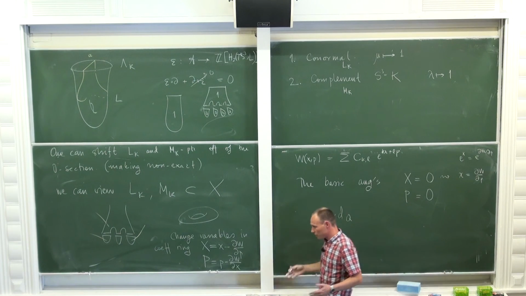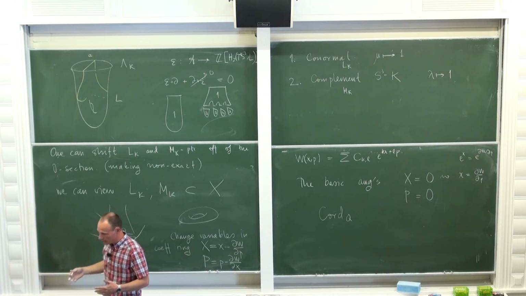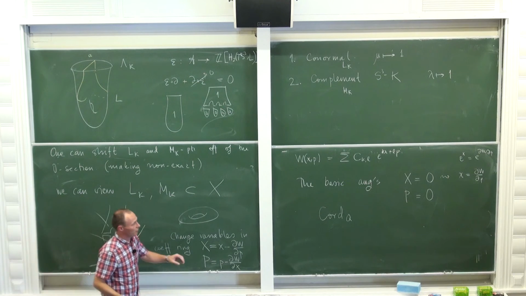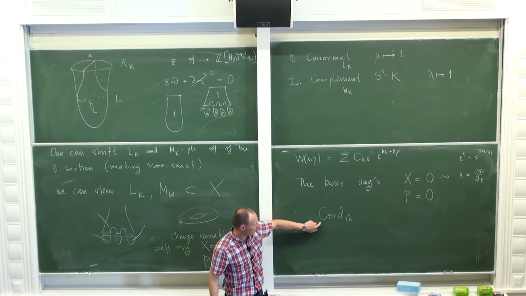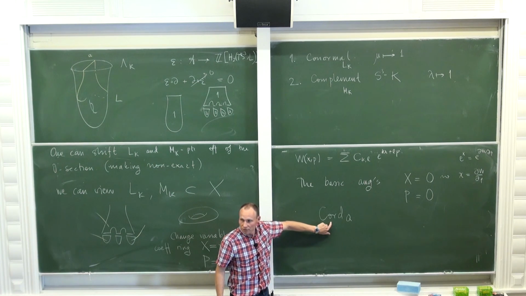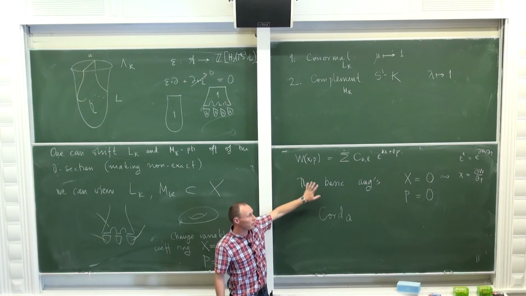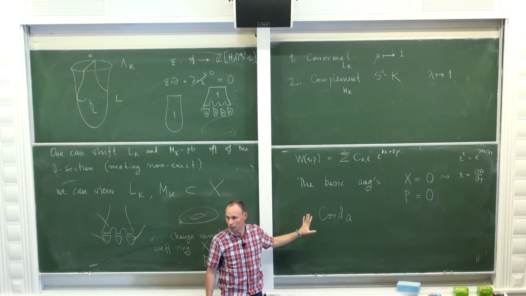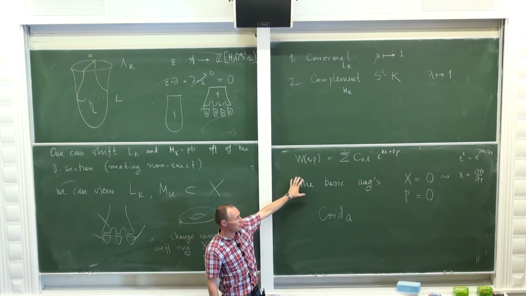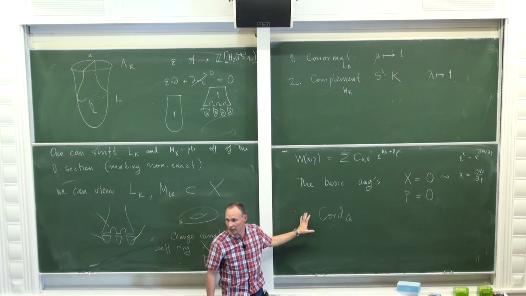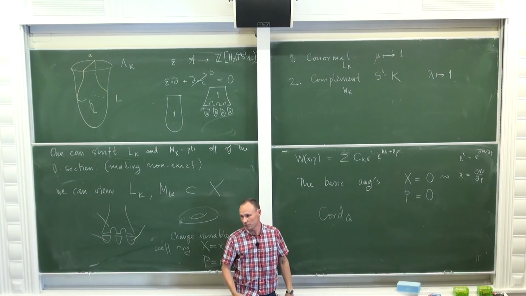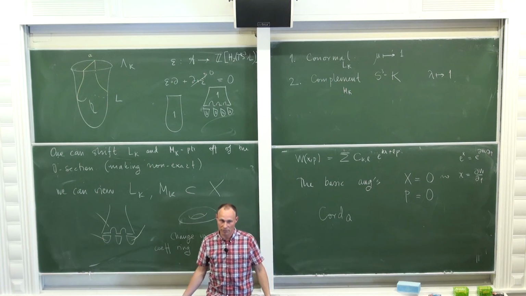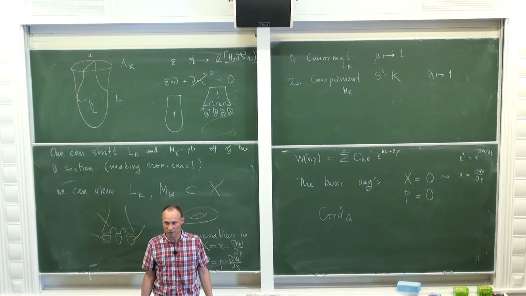That's not so much about it, but at least one can check that for those augmentations that come from some representation of the chord algebra, all these properties of Lagrangian intersections seem to hold. So that's basically the same argument as for the trivial representation. So that's maybe where it stands. So I should stop.